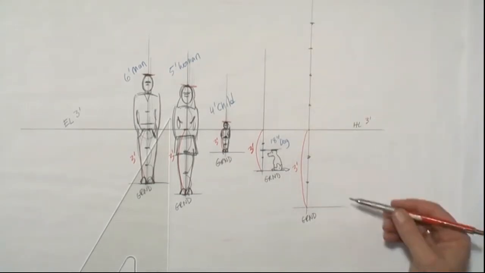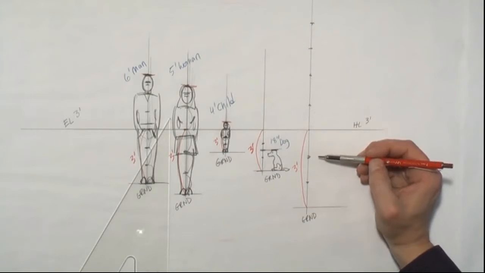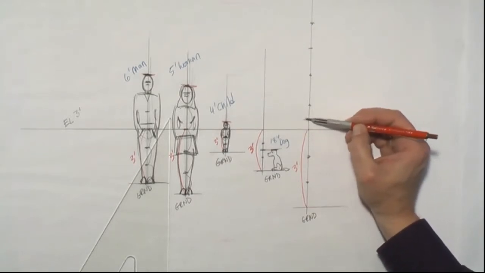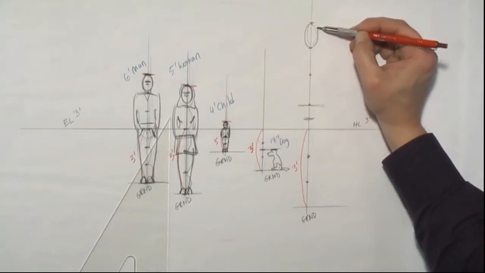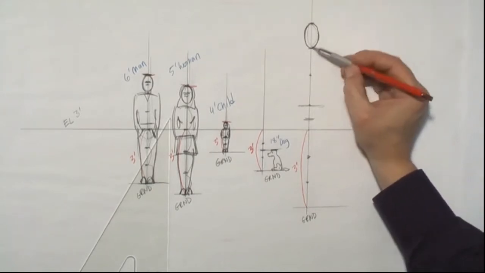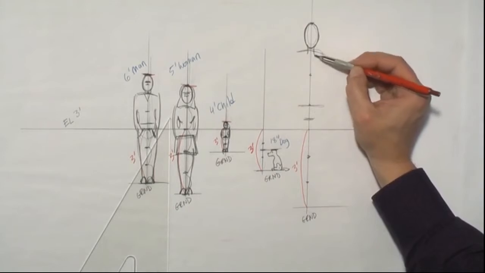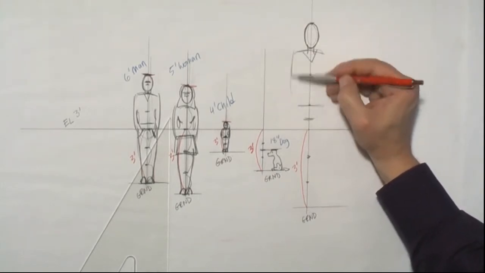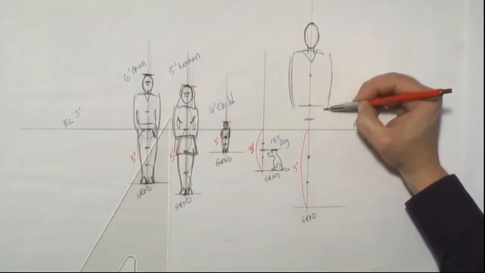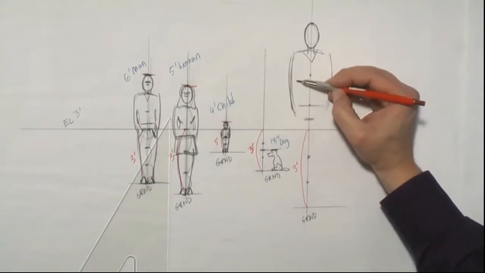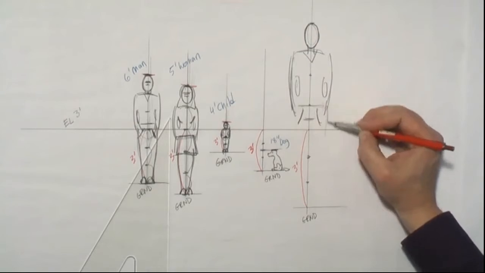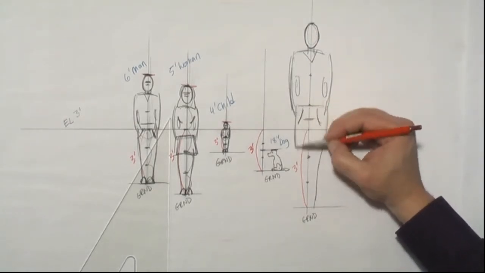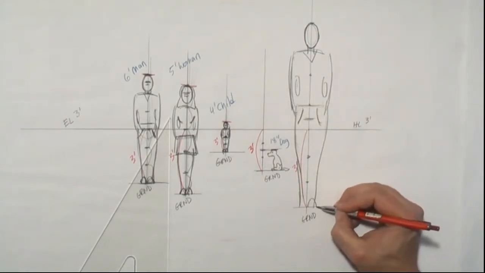So let's draw in somebody. So 3.5 would be about pelvis. So waist would be something like there. Okay. All right, so this is a pretty tall person.